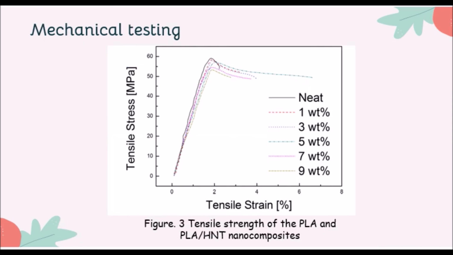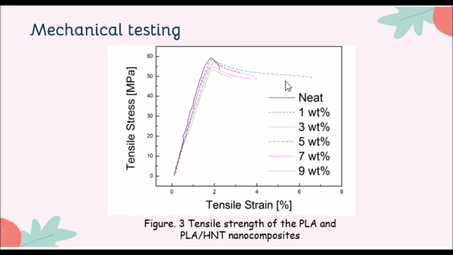So next is the mechanical testing. In Figure 3, the tensile strength at the maximum load is decreasing with the increase of the HNT loading. The decrease in tensile strength is due to weak regions in the matrix-filler system, in which loops of several polymer chains are close together instead of being entangled with one another.